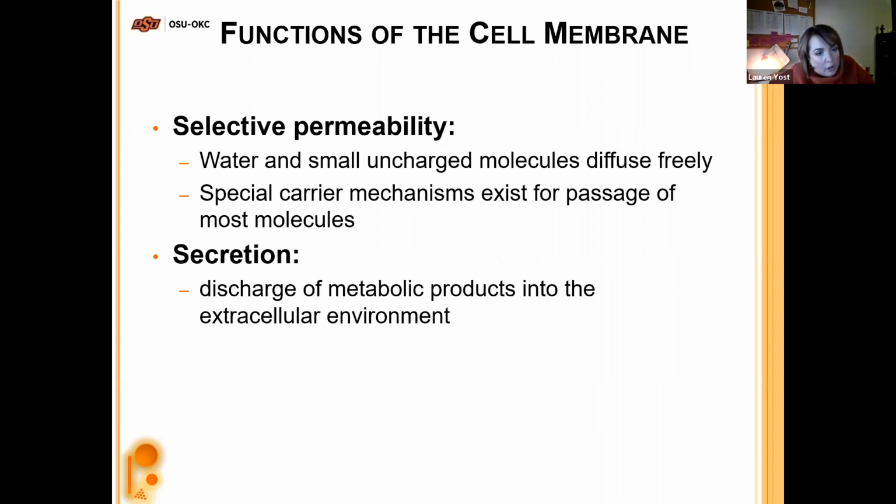Special carrier mechanisms will exist for the passage of most other molecules. So there's some other way to get other things across, but only water and very small other things can diffuse on their own. Typically only water, and that's the one I want you to focus on. Water can diffuse freely, pretty much nothing else can. They need a way to get across the membrane.